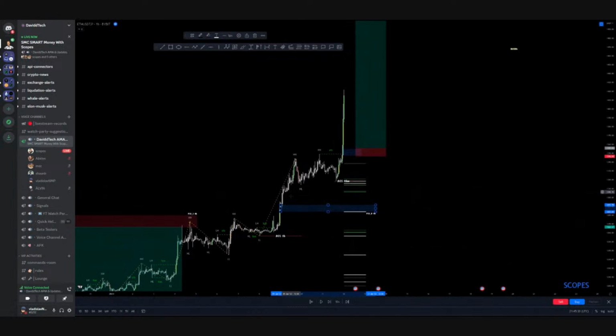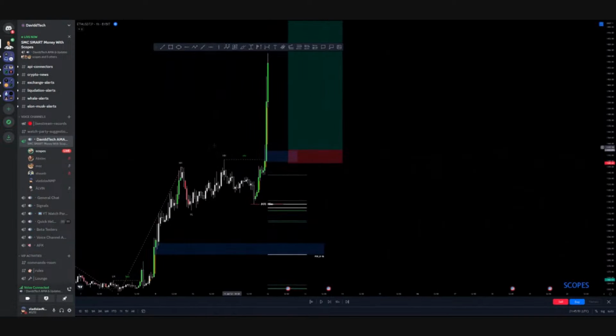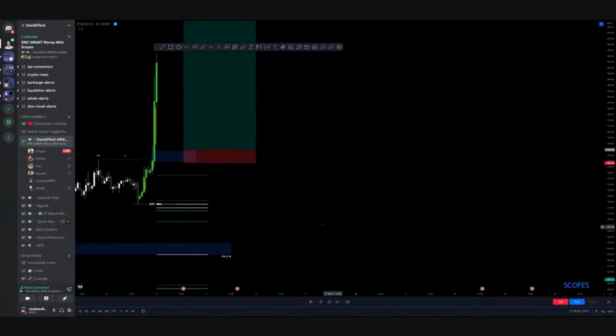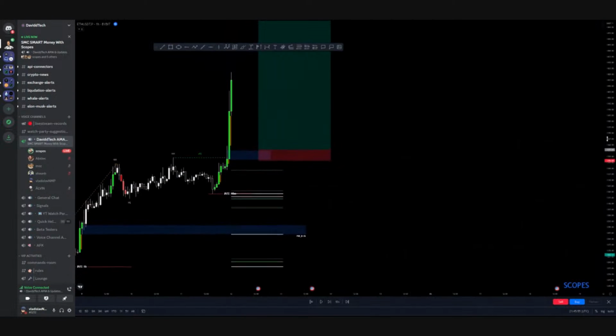Then the price only retraced back to the 30% line, and there was daily liquidity just above here. So in my head, I thought it was going to go up, but I wasn't in that trade. If it would have come down to here, I might have been in and caught that, but I never.